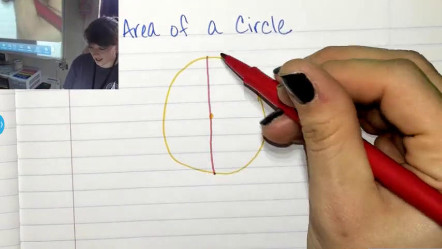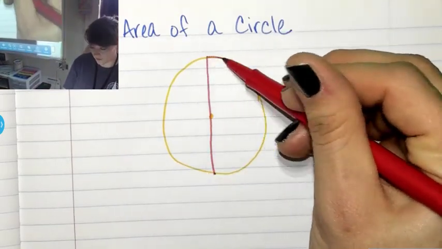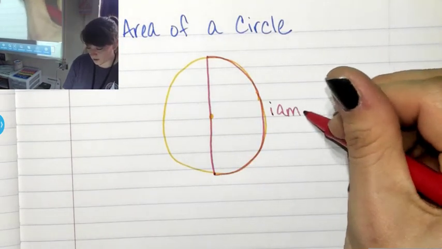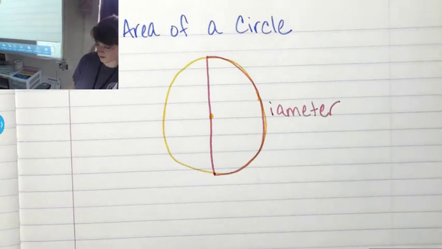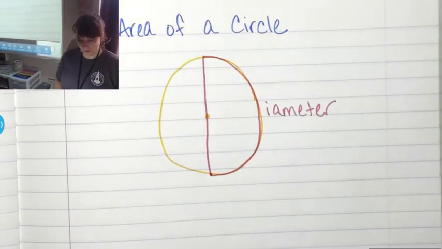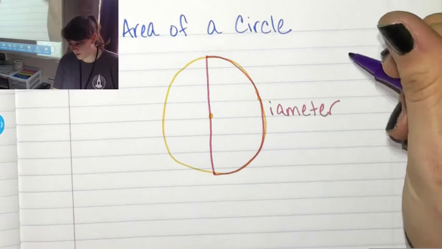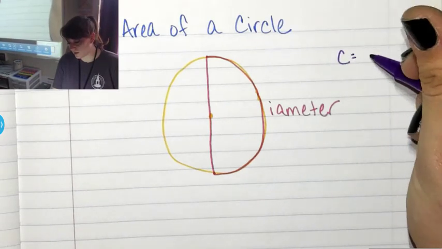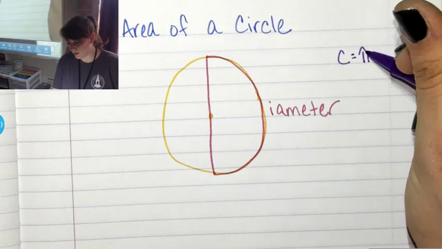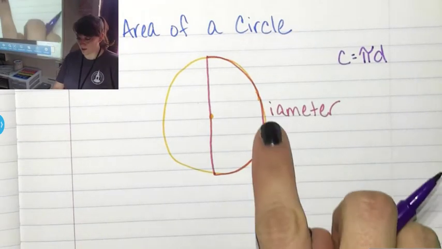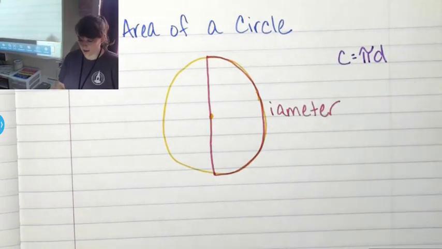This is diameter. Diameter. We found circumference by using diameter by doing pi times d. So we use diameter for circumference, pi times d.